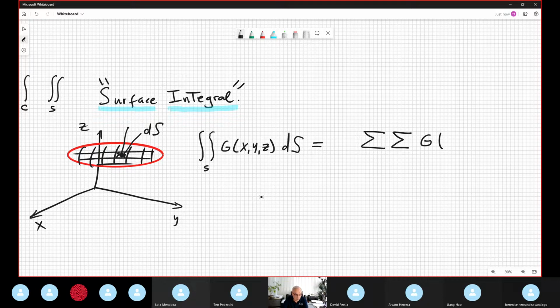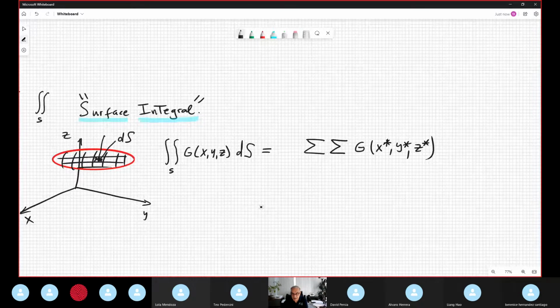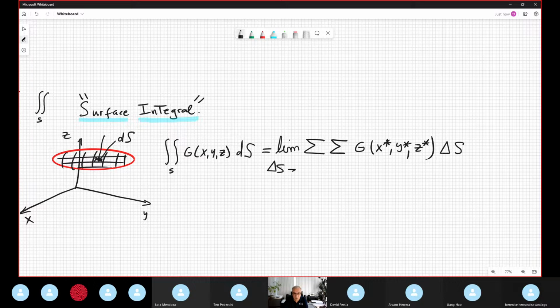I call the arbitrary point x star, y star, and z star, multiplied by delta S. And you take the limit when delta S approaches 0. Of course, here, not too much specification. I cut it into different pieces, and that's it. Okay. This is the idea.